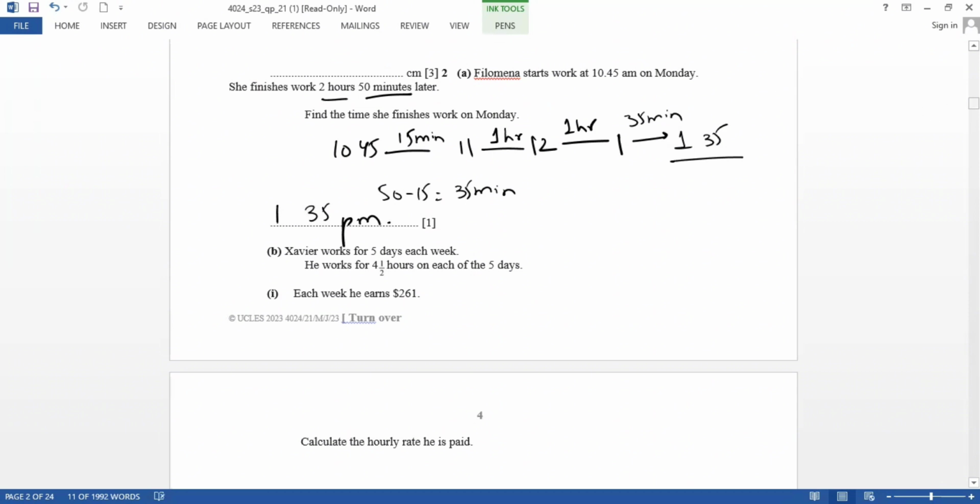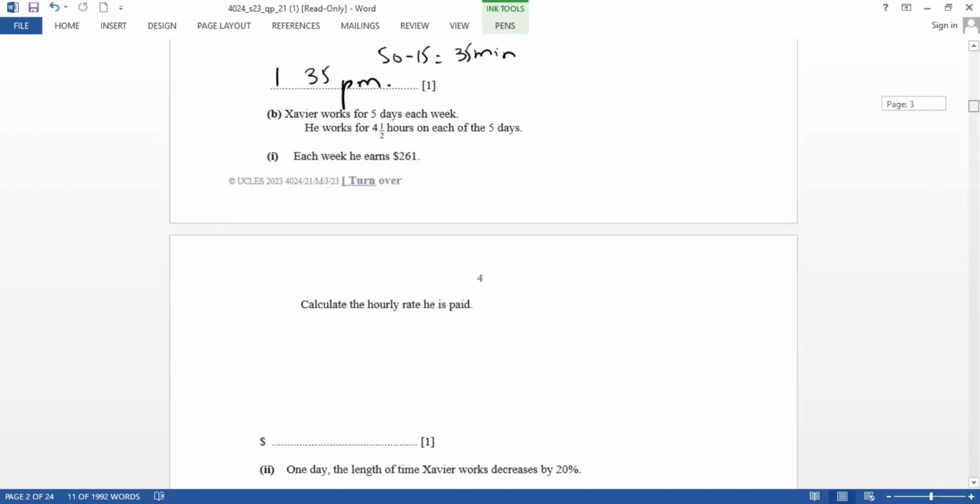Okay, B part is: Xavier works for 5 days each week. He works for 4.5 hours on each of the 5 days. Each week, he earns 261. As he works for 5 days and 4.5 hours per day, and he earns an hourly rate, that is x, and he gets 261 pay.